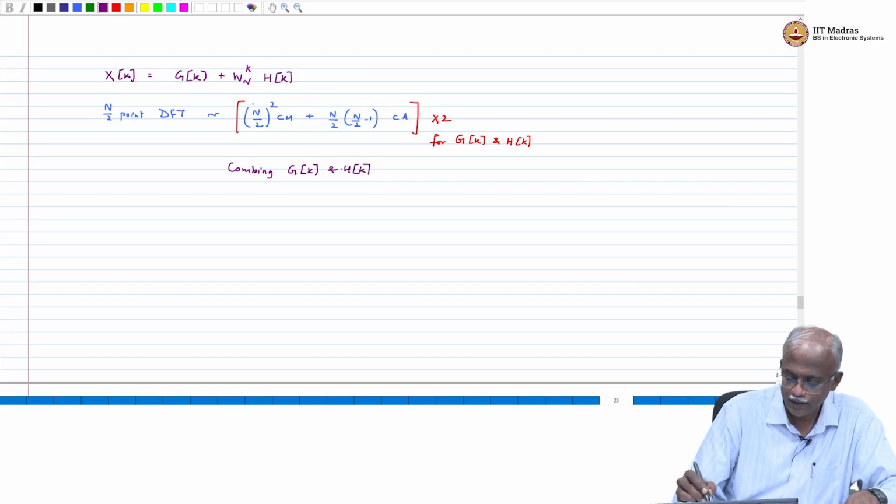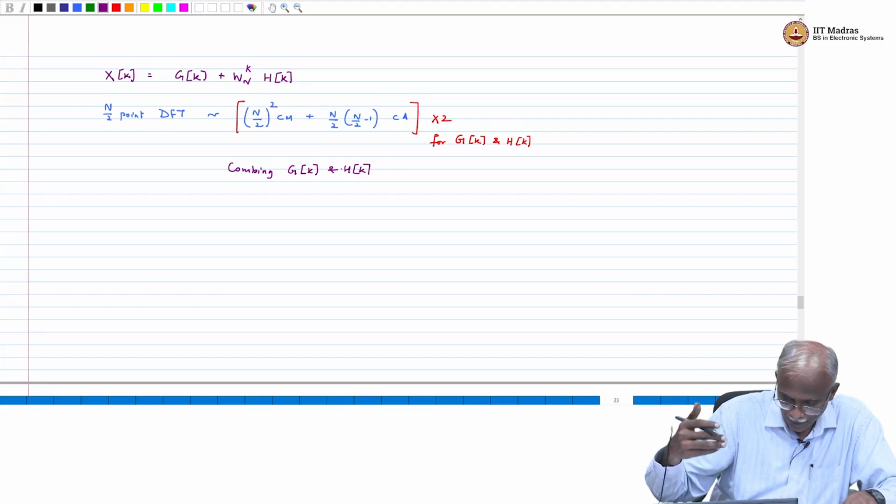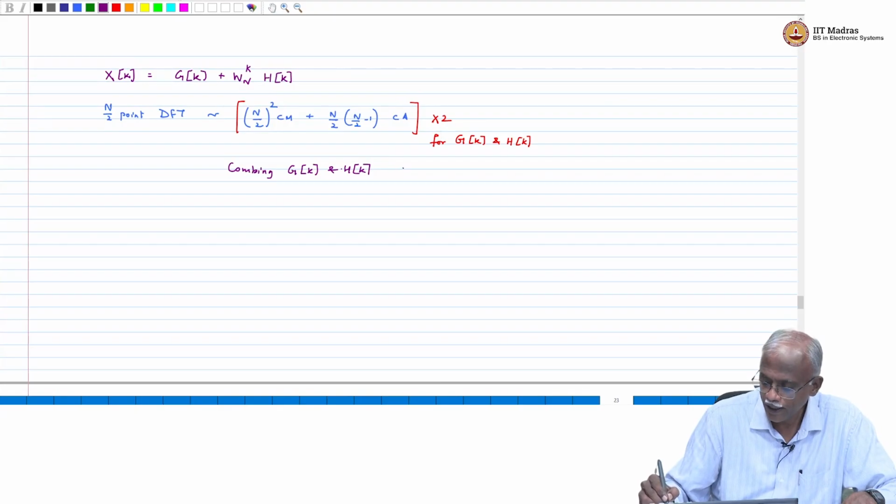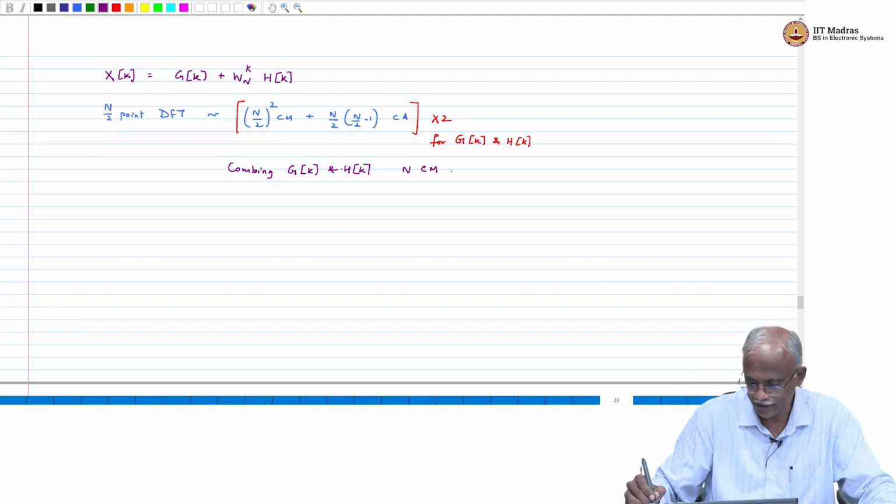What does that require? There are N terms, multiplications by a complex number, and this will require N complex multiplies plus N complex additions.